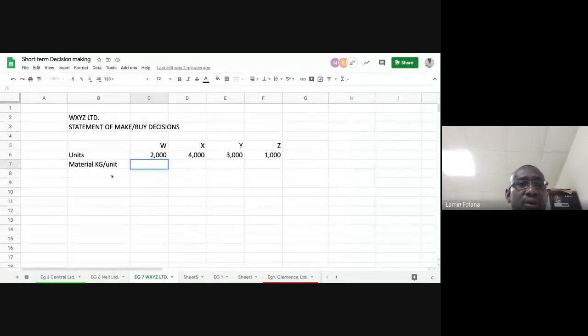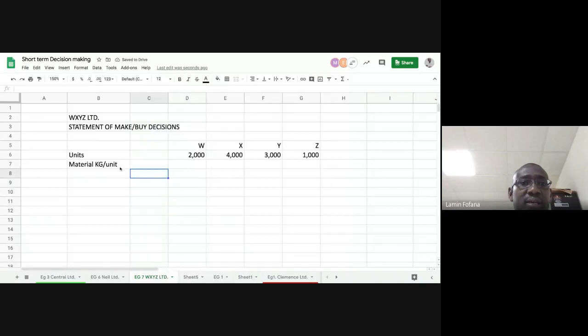So what I will do is create one column here. This will be my workings, my rough workings. I'll just put 5 here so that I can use 5 to divide each of them.